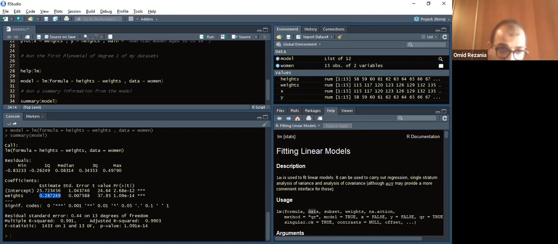However, we have other columns which stand for standard error. We have the t-value and we have the probability, the p-value. I'm not going to talk about these ones tonight. I'm not going to go into the details of the p-value.